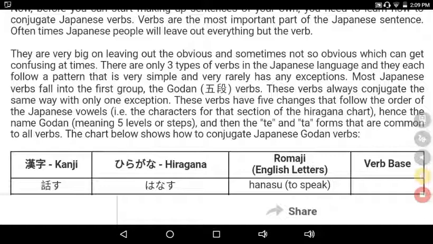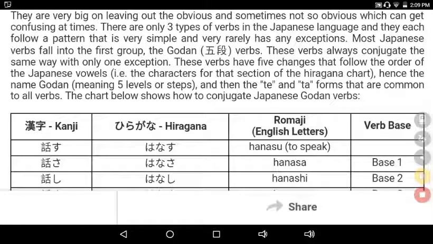Most Japanese verbs fall into the first group, the Godan verbs. These verbs also conjugate the same way with only one exception. These verbs have 5 changes that follow the order of the Japanese vowels, the characters for that section of the hiragana chart. Hence the Godan name, meaning five levels or steps. And then the te and ta forms are common to all verbs.